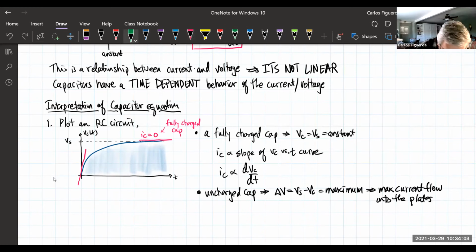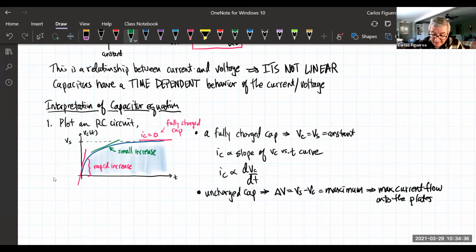And you could see that if I come in here and look at this slope right here, that slope is less. So what you're seeing is that right in here, I'm going to have a rapid increase, whereas as I come along here, like in this spot, I'm going to have small increases.